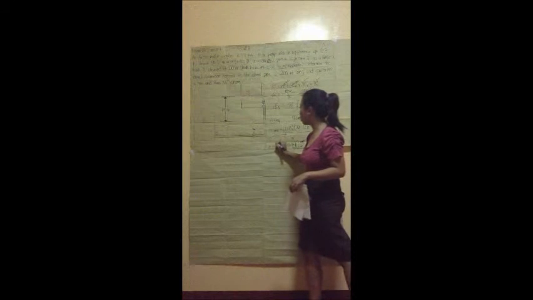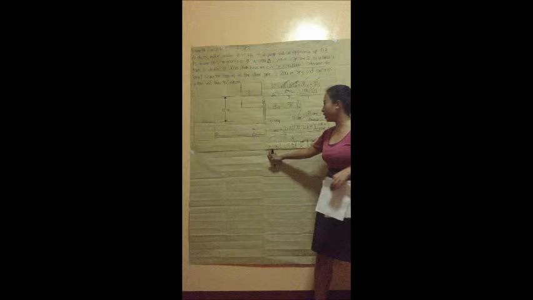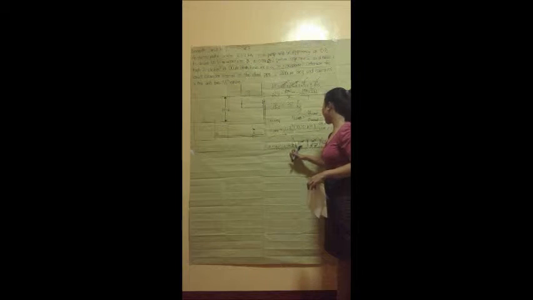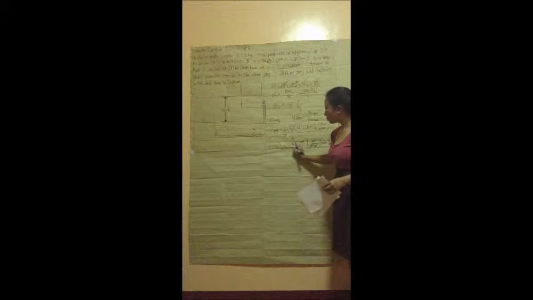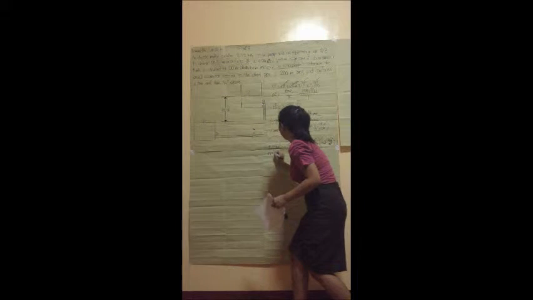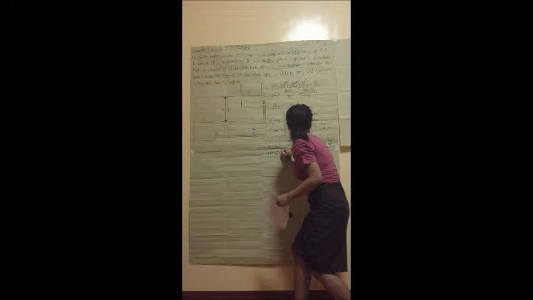Since we are given both of these, we can now get the mass rate. So substituting the values, 50 liters per second times 1000 kilograms per meter cubed. But take note that we use conversion factors in order to get the unit that we need, which is kilogram per second. So the value that we got is 50 kilograms per second.